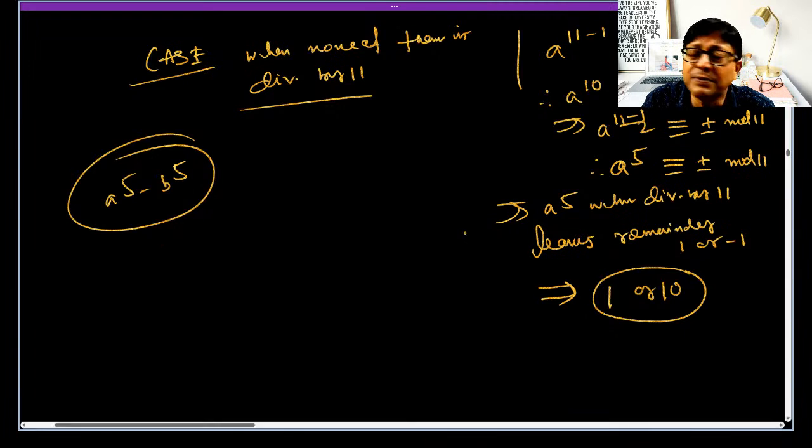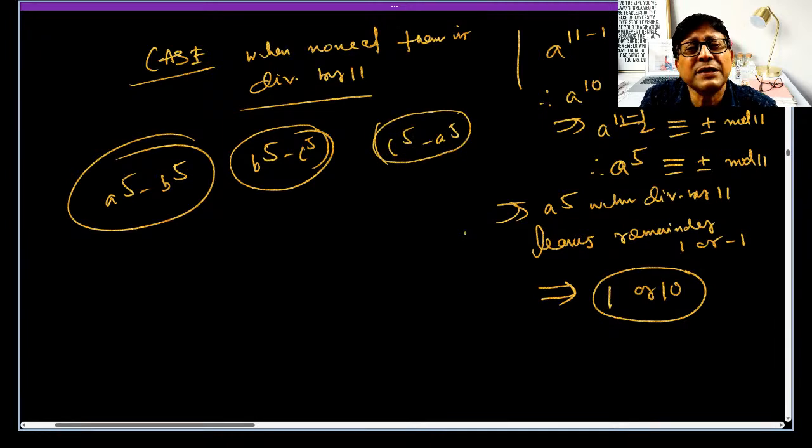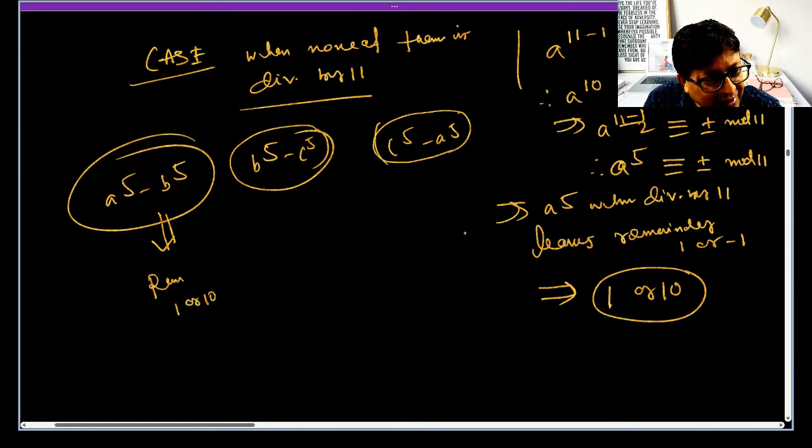A to the power 5 leaves remainder 1 or 10. B to the power 5 leaves remainder 1 or 10. C to the power 5 leaves remainder 1 or 10. Their differences also leave the same kind of remainders. So this part leaves remainder 1 or 10, isn't it? This implies 0 or 9, better to say.